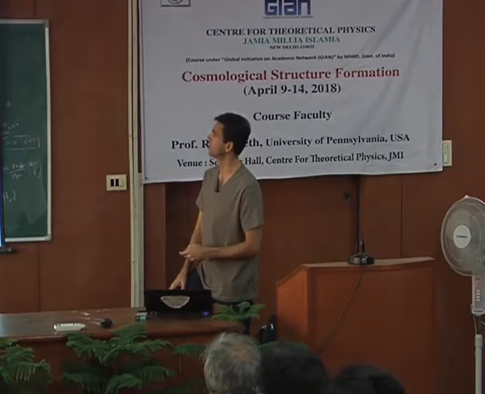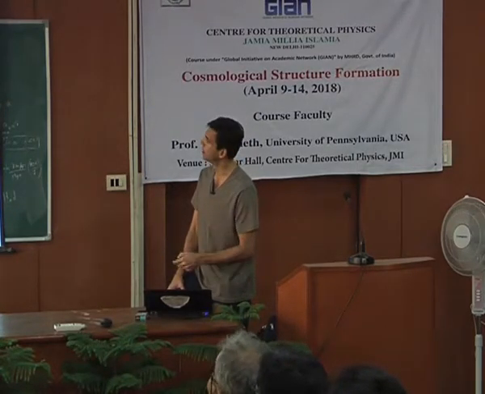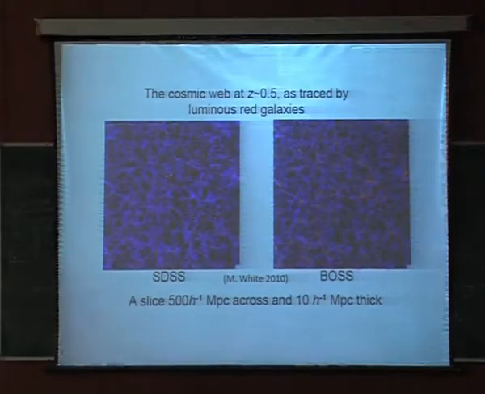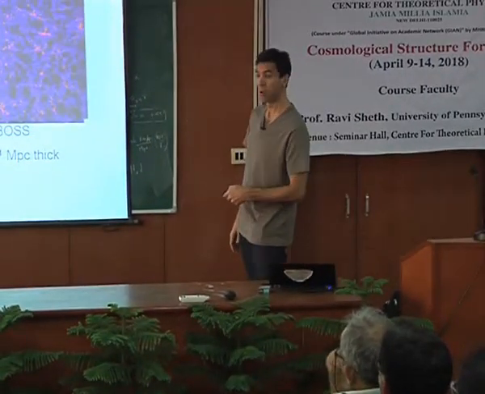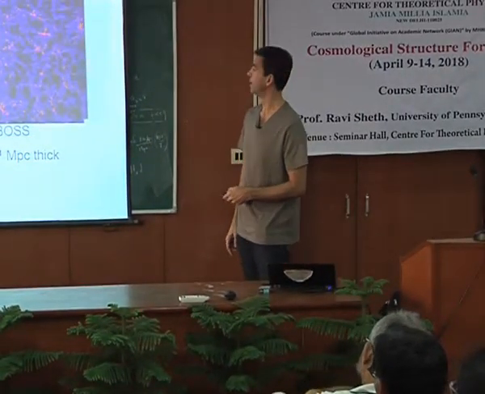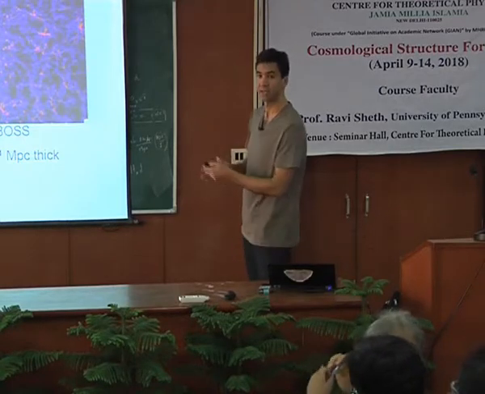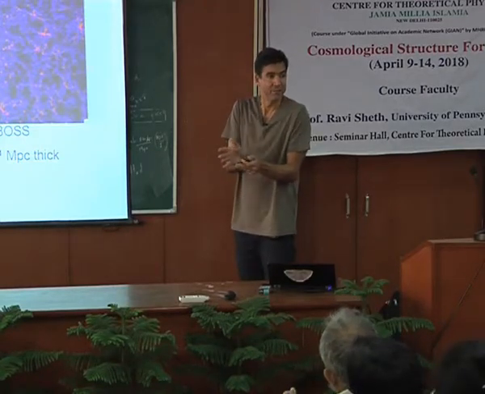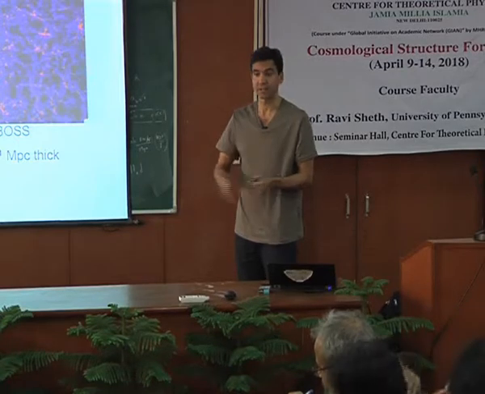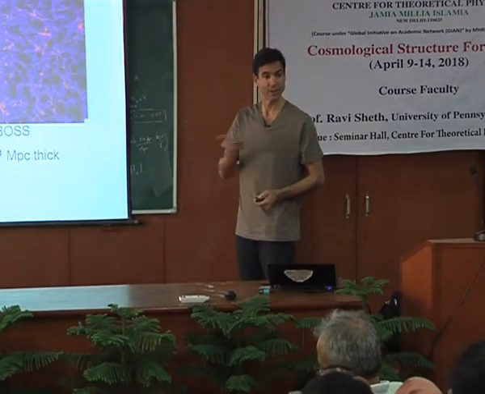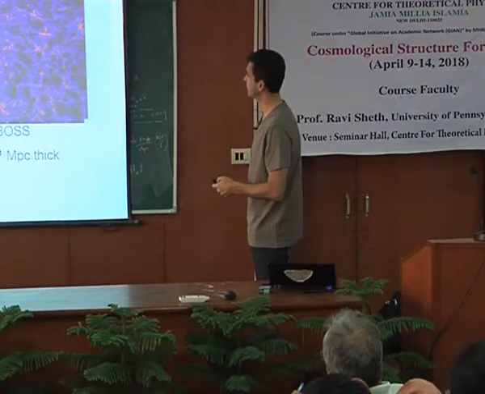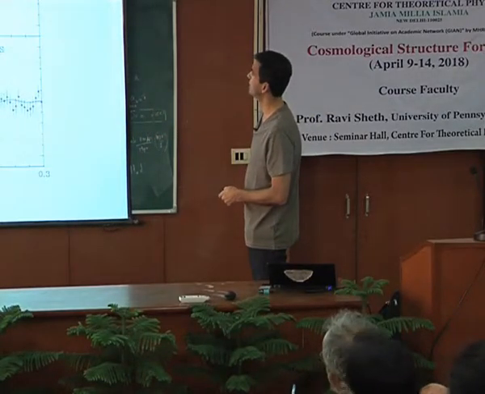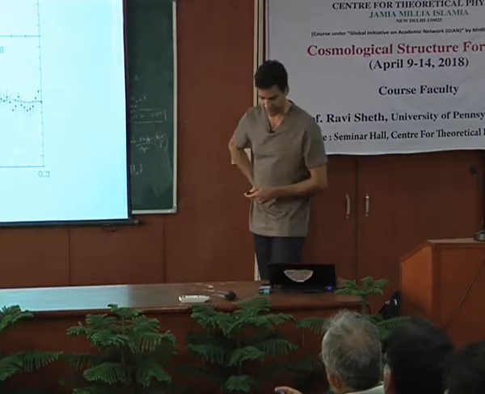It's a little late, so let's not worry about the fine print. You can get surveys where you only see the most massive galaxies, or you can get surveys where you try to see more galaxies. But so long as the spacing between them is 5 or 10 megaparsecs and not 100 megaparsecs, you will have plenty of 100 megaparsec pairs, so you can make the measurement. So this is different surveys.